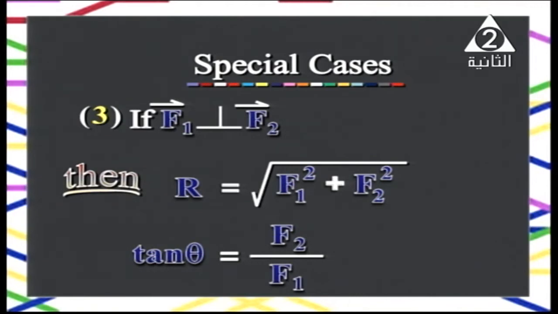Tan theta equals F2 over F1. Then if we have two perpendicular forces, the resultant equals square root of F1 square plus F2 square. What is the direction of R? Tan theta equals F2 over F1.